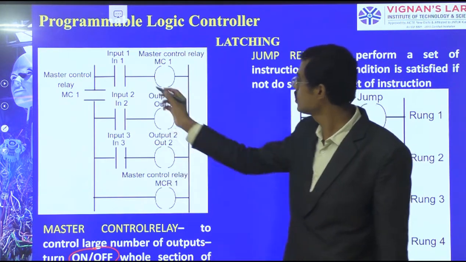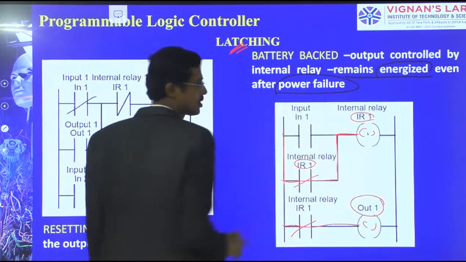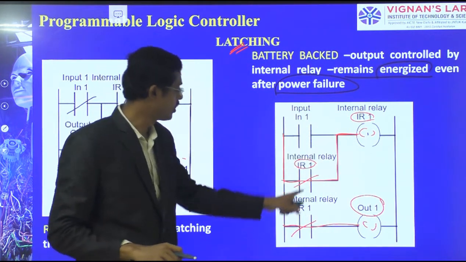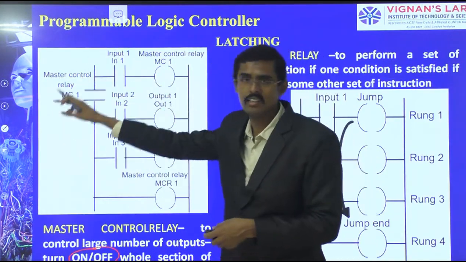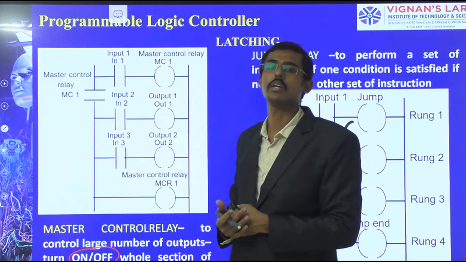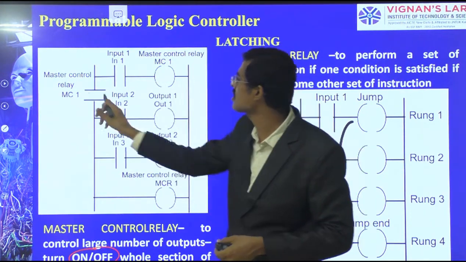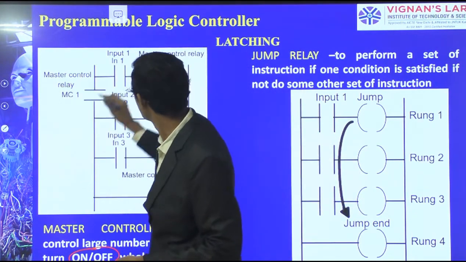What we did earlier through only disconnection was the latching process, terminating each one separately. Now I am latching or terminating the whole set of multiple outputs. How am I doing it? I am having a master control in the power rail itself.